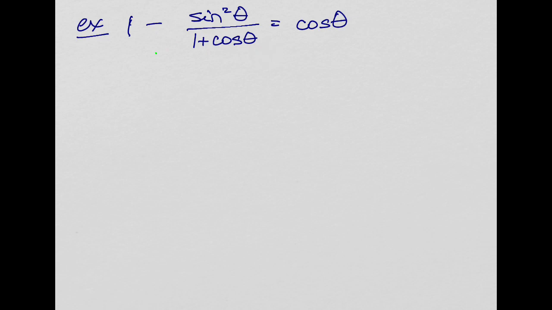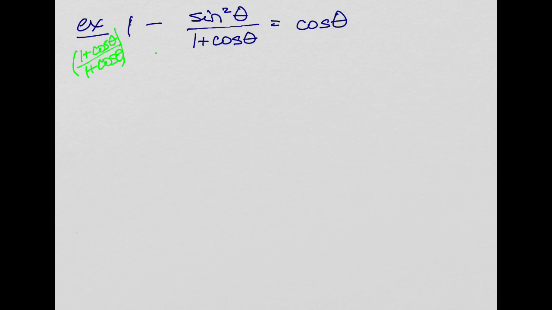So one thing we can do is combine them into one term, which will need a common denominator in order to do that. So if I multiply my 1 top and bottom by the denominator, 1 plus cosine theta, then I'll have two things that we can add together with a common denominator.